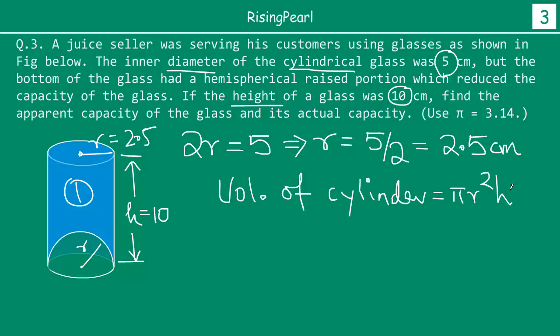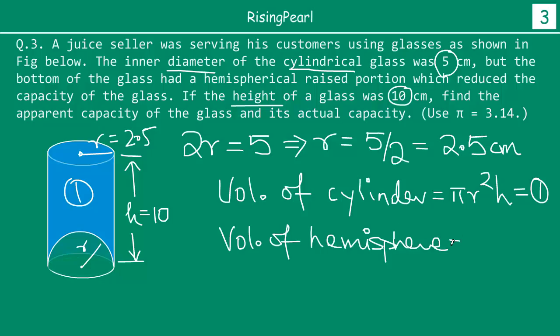We know r, we know h, so we can find out the volume, and let's say this is 1, correct? Now the volume of the hemisphere will be equal to 2 by 3 pi r cube, and we know the value of r, which is 2.5.